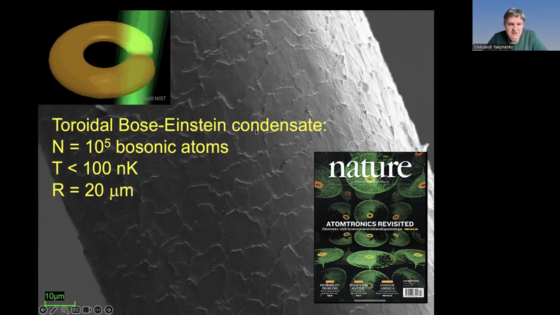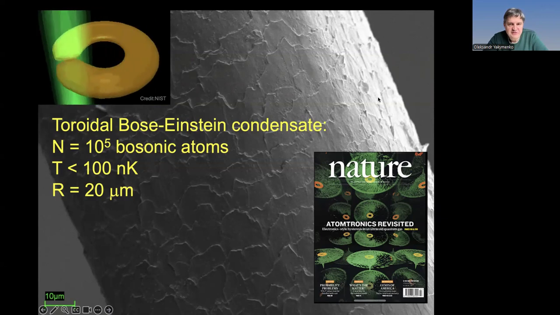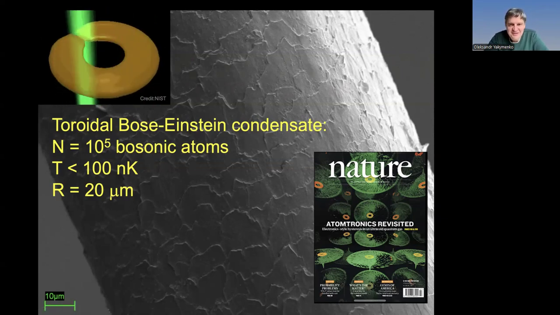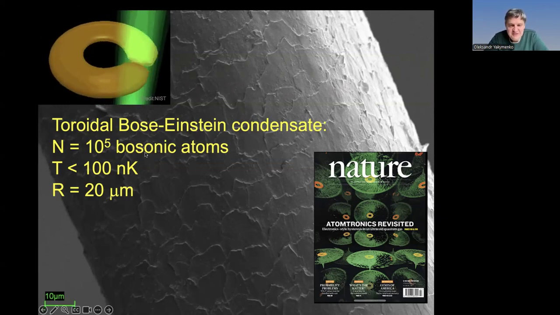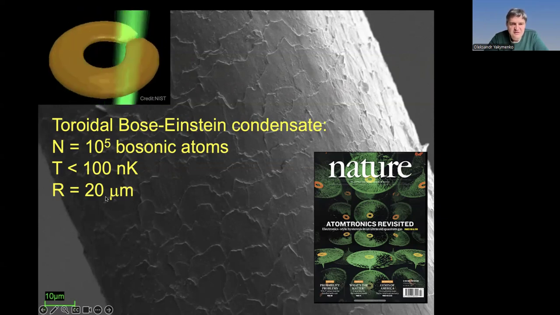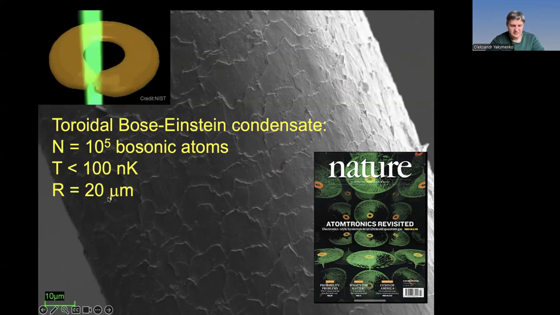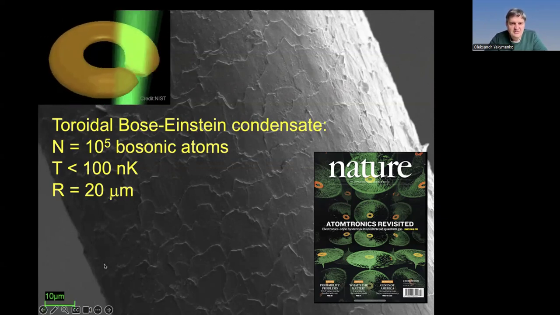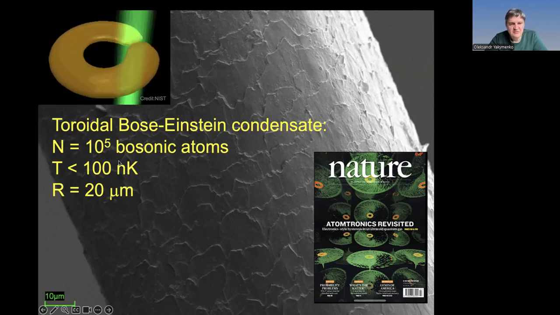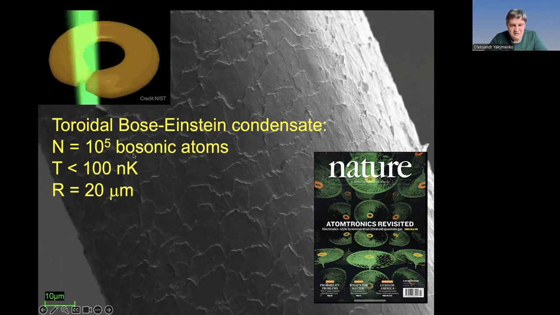What is shown here, on the same scale, is this huge cylinder with a human hair. The size of this ring is about 20 micrometers, the temperature is below 100 nanokelvins, and the number of atoms is 10 to the 5.